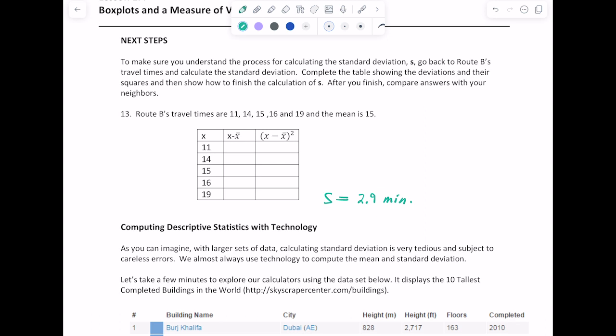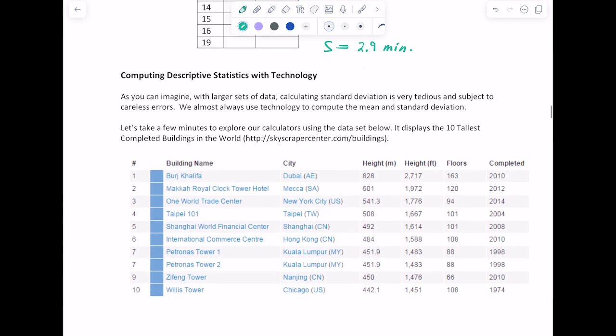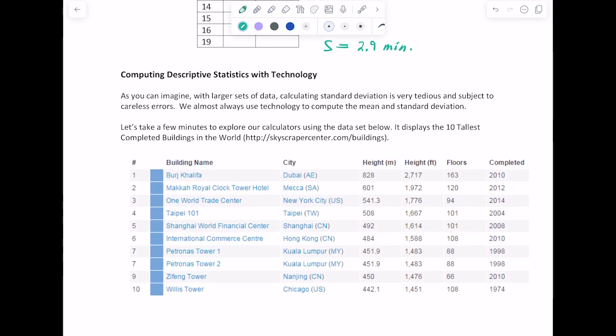Okay. The last thing is this data set here. It's not a super large data set, but it's large enough where we would want to find information about it, okay? So luckily, technology will help us compute the mean and the standard deviation.